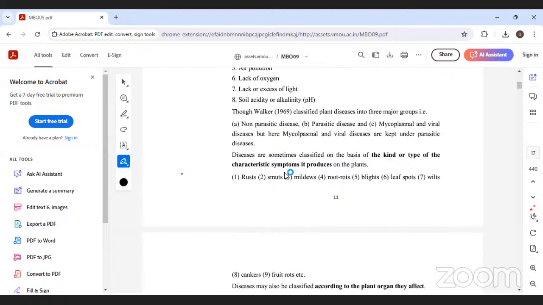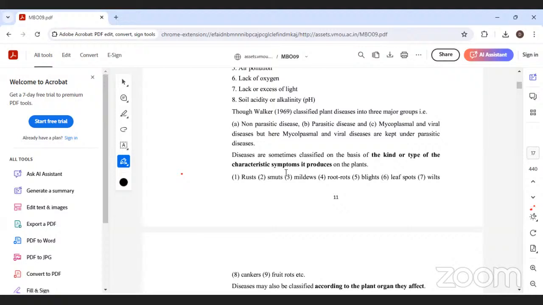The scientist Walker, in 1969, classified plant disease into three major groups.